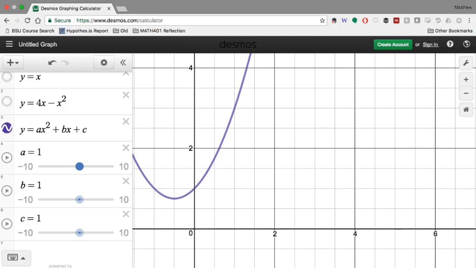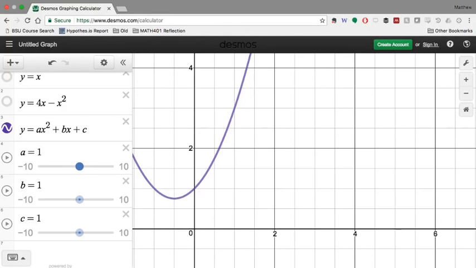So what happens when I play with the value of a, the one that's in front of the x squared? What do you think changes when I change that? Call it the leading coefficient. It's stretching or... Right. So putting our pre-calculus hats on, one of the things we can think of is, since that thing is multiplying x squared, it's having an effect of either a vertical or a horizontal stretch.